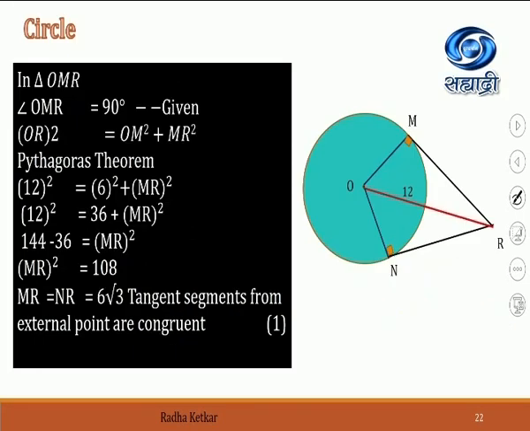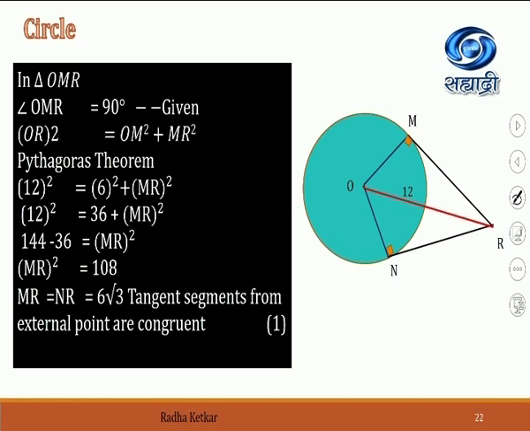So in triangle OMR, angle OMR is 90, so we can apply the Pythagoras theorem. Substitute the values: 12 squared is equal to 6 squared plus MR squared. 144 minus 36 gives you 108. So MR equal to NR, because they are congruent segments, is equal to 6 root 3.